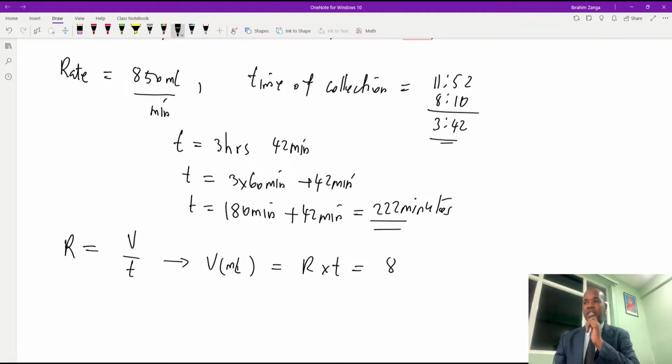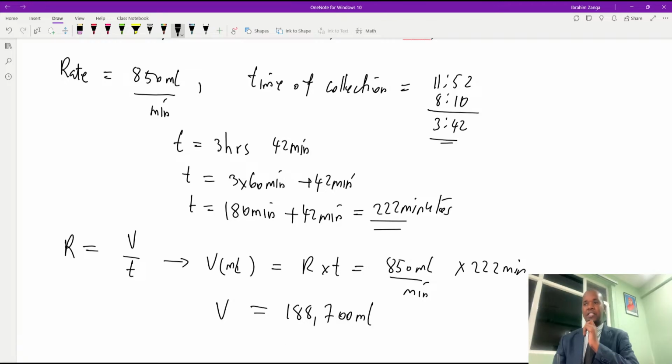Rate, it was 50 milliliters per minute, multiplied by 222 minutes. When you multiply, you get actually volume, it is 11,100 milliliters.